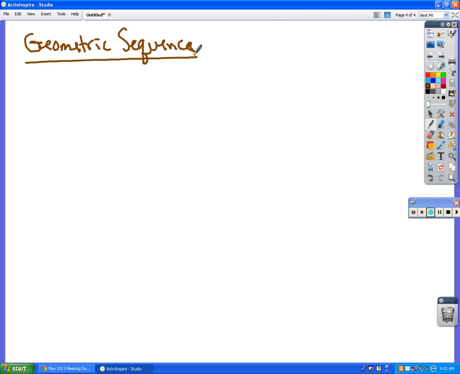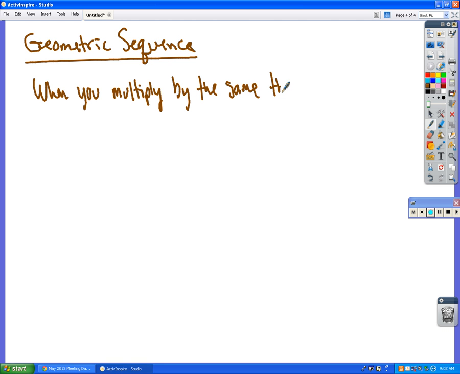Let's take a look at geometric. We already saw one of them. A geometric sequence is when you multiply by the same thing each time. All right?